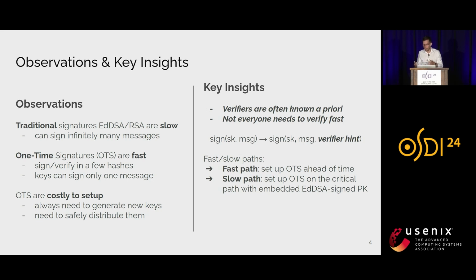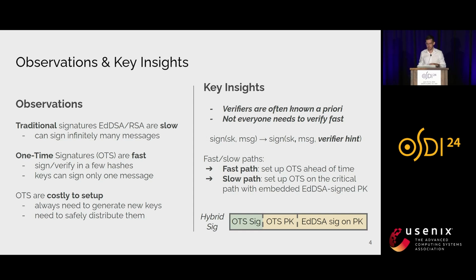To be more precise, this information that you need is the public key that this OTS is using, and also you need to authenticate this public key using a traditional signature.